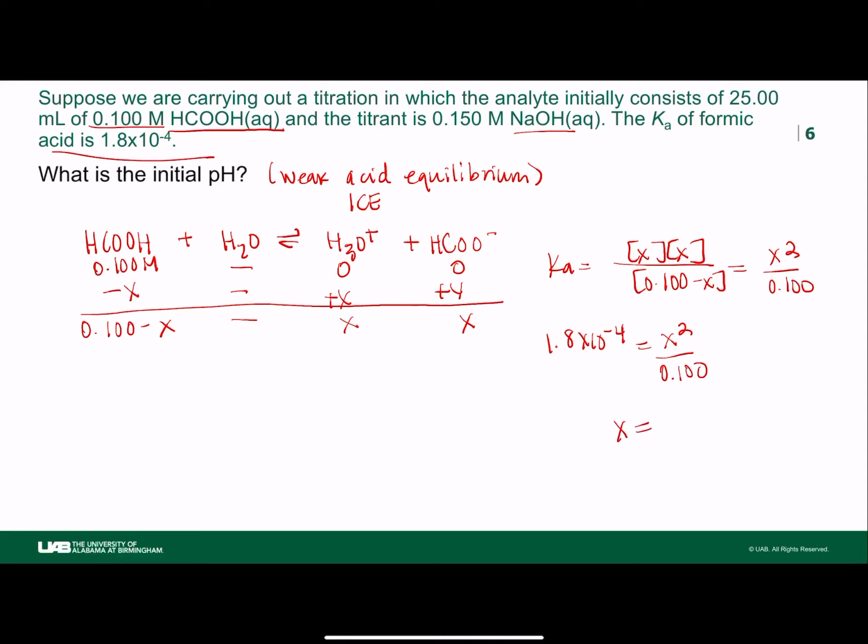And so after all is said and done, I solve for X, which is 4.24 times 10 to the minus 3. And again, that X is the hydronium ion concentration. So now I can take the negative log of that.